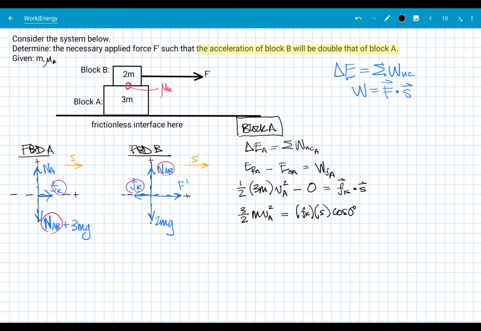So that will then be equal to mu k times, let's see, now we have to figure out which normal force we're talking about here. This coefficient of friction applies at the interface between the two blocks, and that's where the normal force, N_AB applies. So that's the normal force I need to put in there.